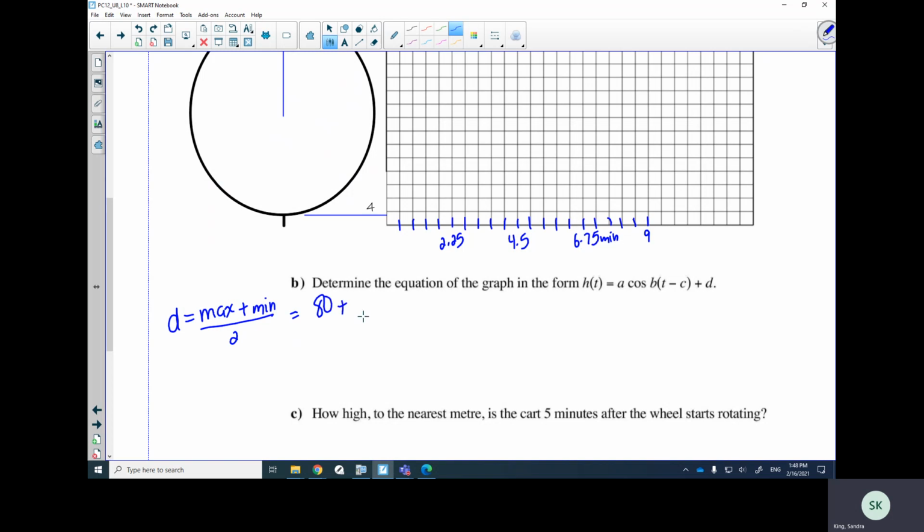The min of your Ferris wheel is at 4 meters, right? That's where the platform is, divided by 2. So that's 84 divided by 2, which is 42 meters. So 42 meters.